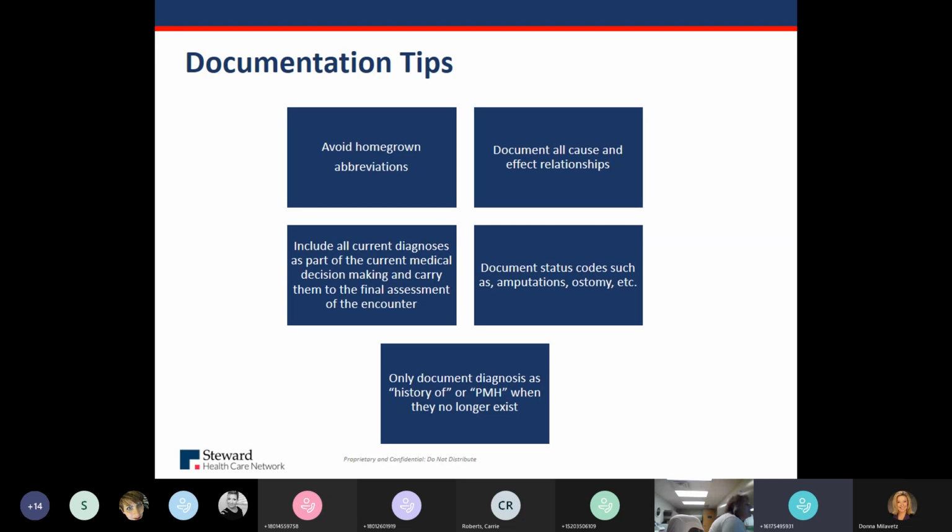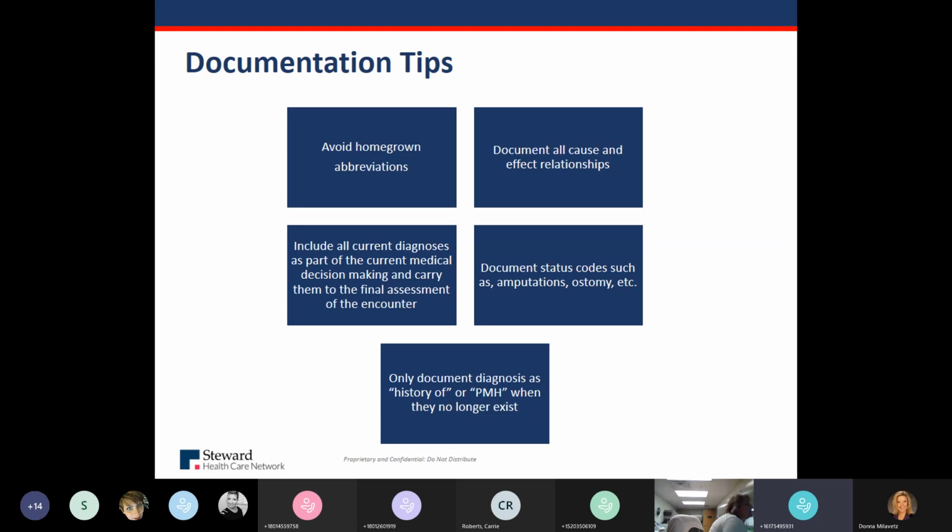As a coder, if I see a condition documented in the HPI and there's enough support, even though it's not on the claim, I will add it to the claim, especially if it's a risk condition at this point, because we want to make sure that those are being captured. But it really starts with the provider.